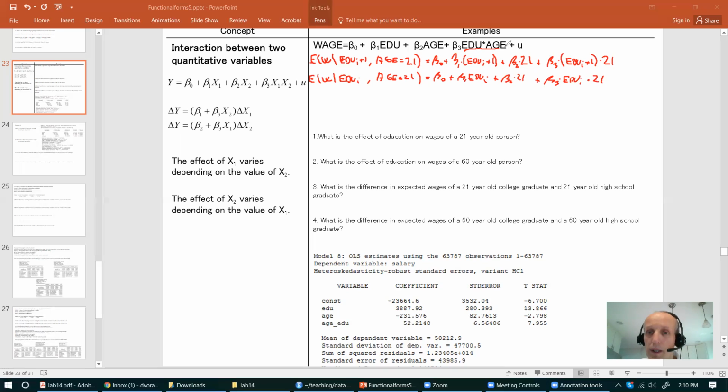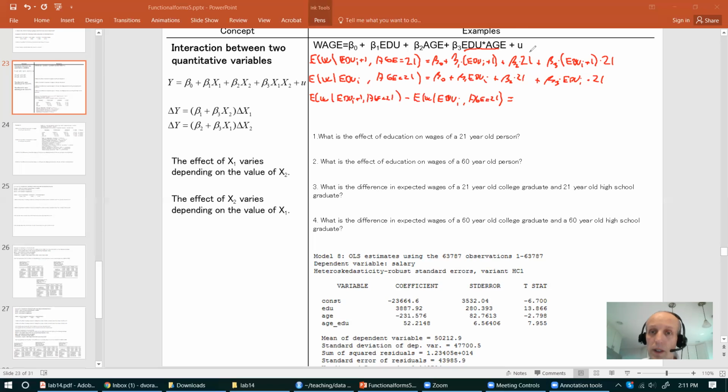What is the difference between these two conditional expected values? Well, let's write it out. Expected wage given that edu i plus 1, age equals 21, minus expected wage given that we have just edu i and the same age, age equals 21.